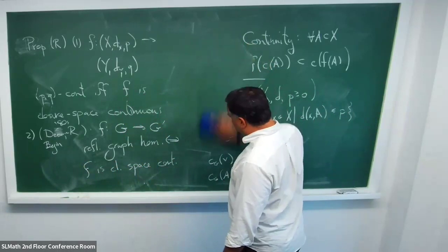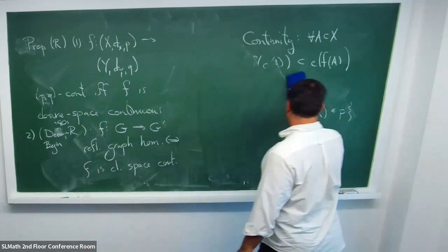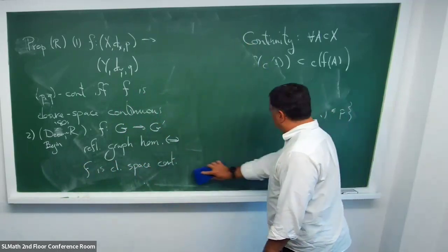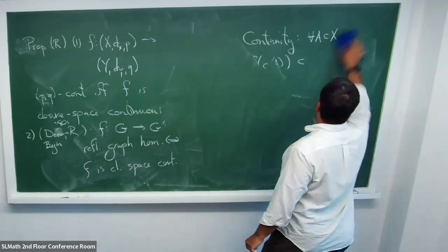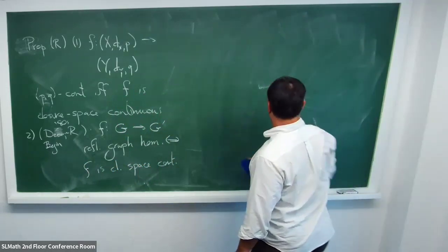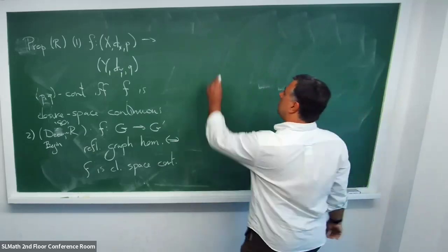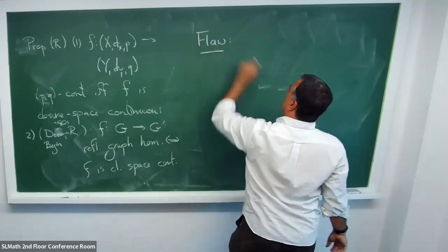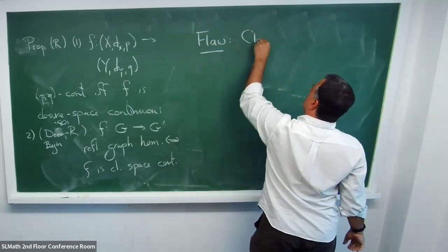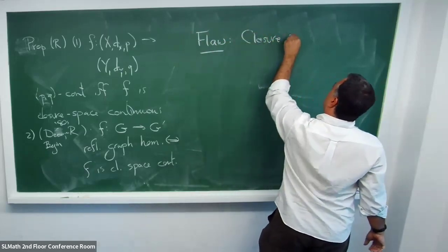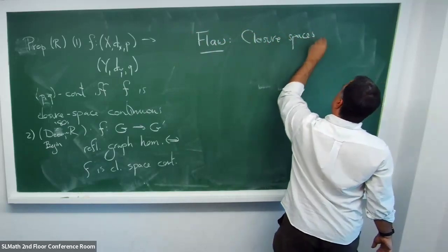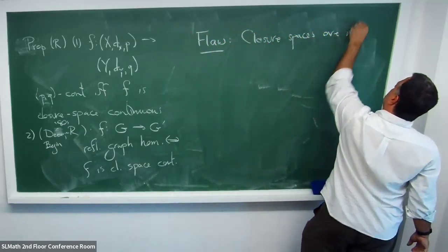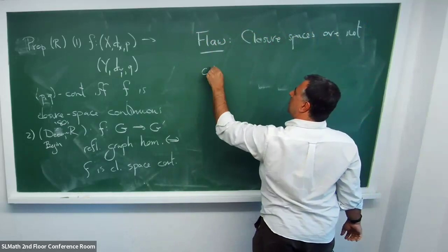You can do a certain amount of homotopy theory with this. Unfortunately, not too much, because the flaw is that closure spaces are not Cartesian closed.